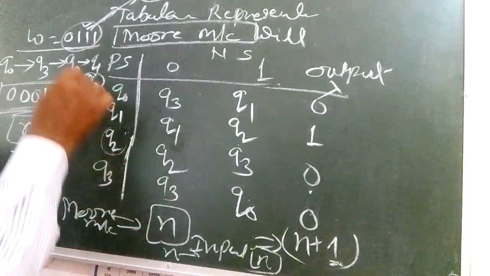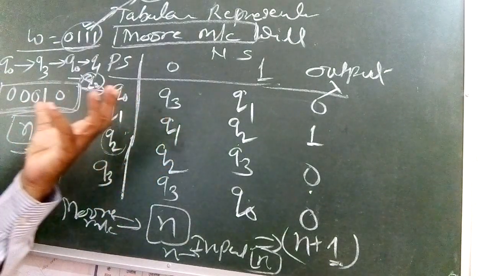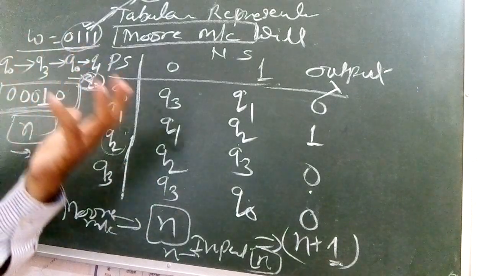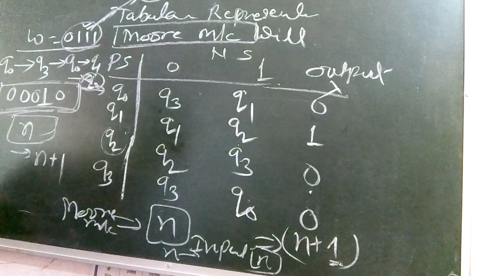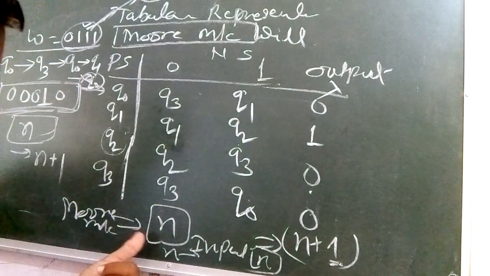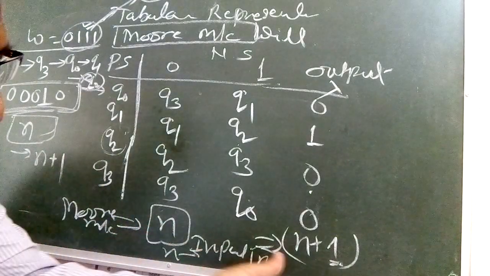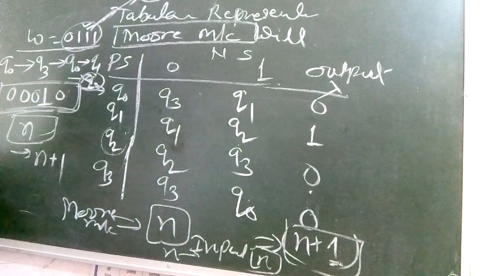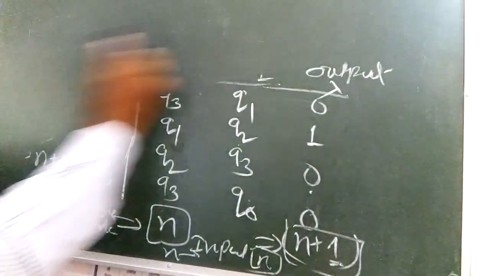You can test the same input on some Mealy machine also, and I will give one more example of a Mealy machine and its representation in tabular form. But in case of a Moore machine, the input of length n, the output will be n plus 1. Correct? Next example of a Mealy machine.